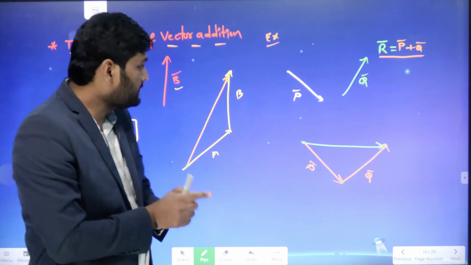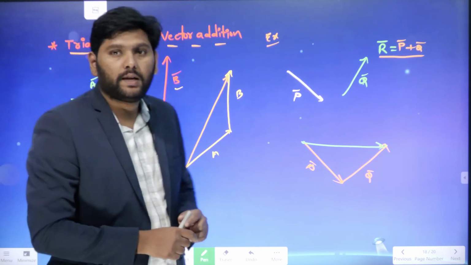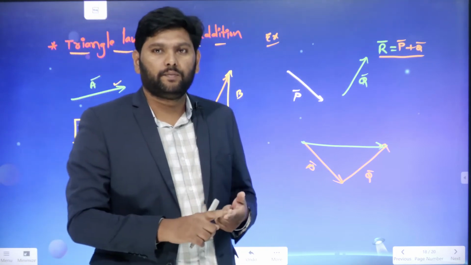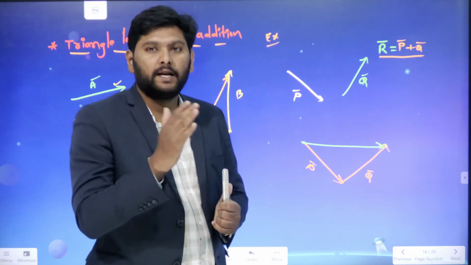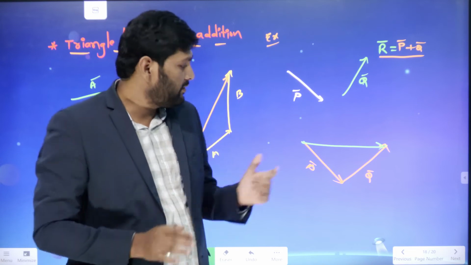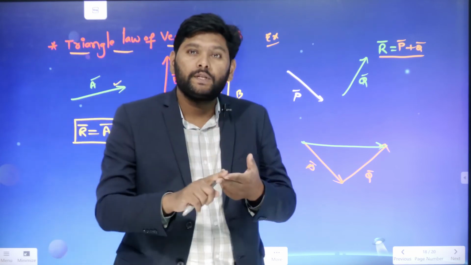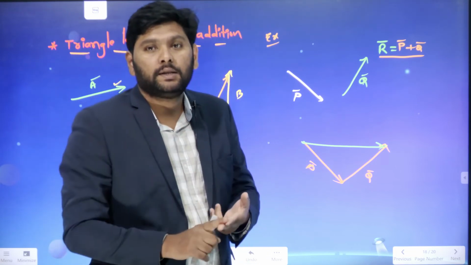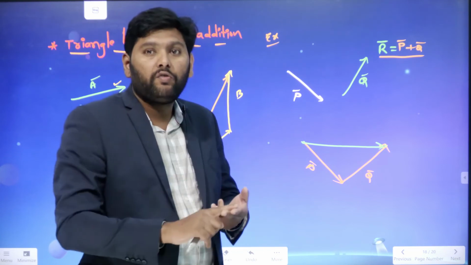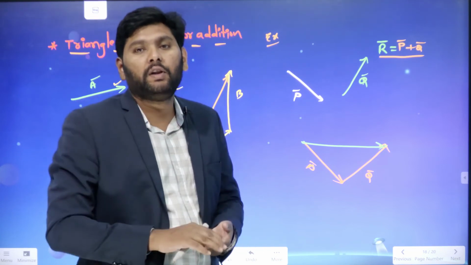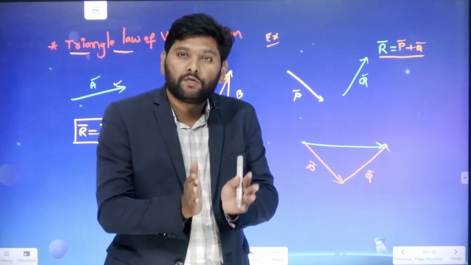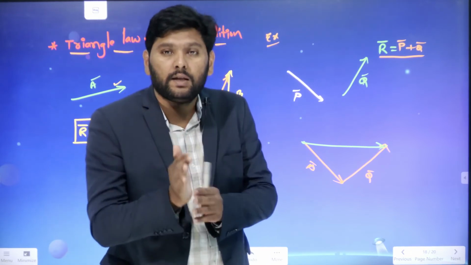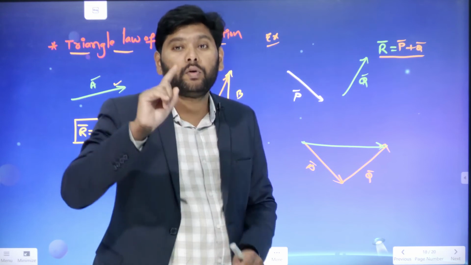The statement is, whenever two vectors form the sides of a triangle, then the closed side will give the resultant. One more time: whenever two vectors form a triangle's sides, the closed side will give your resultant.